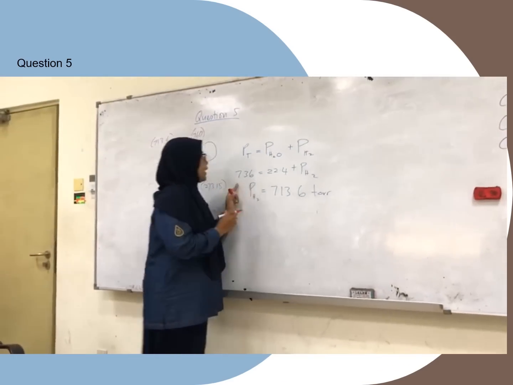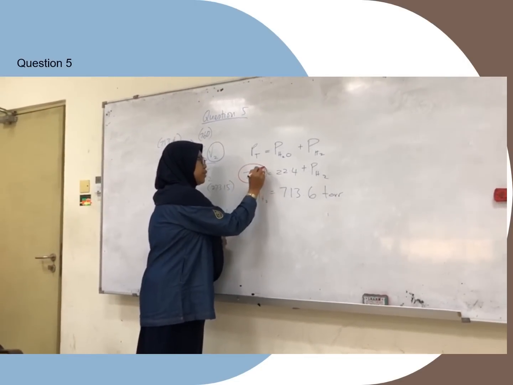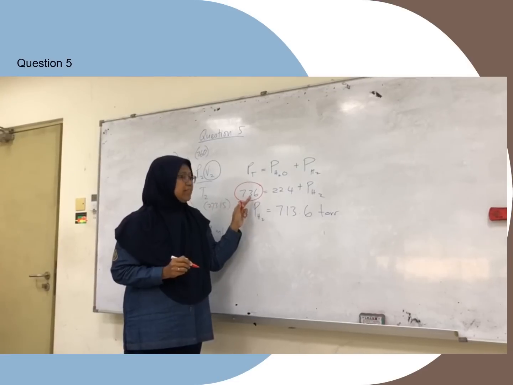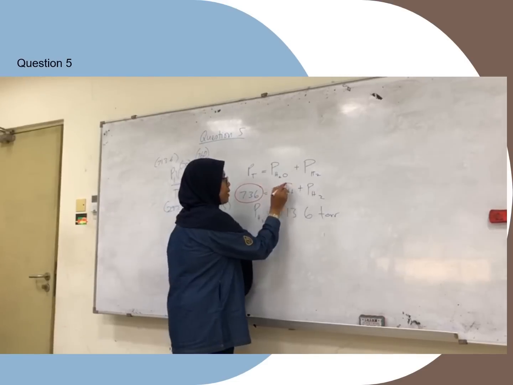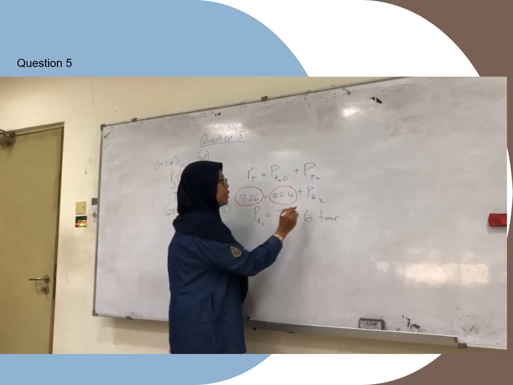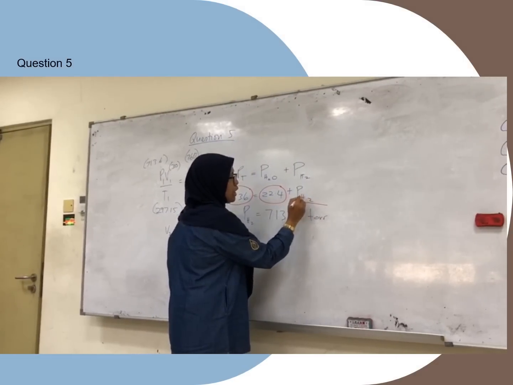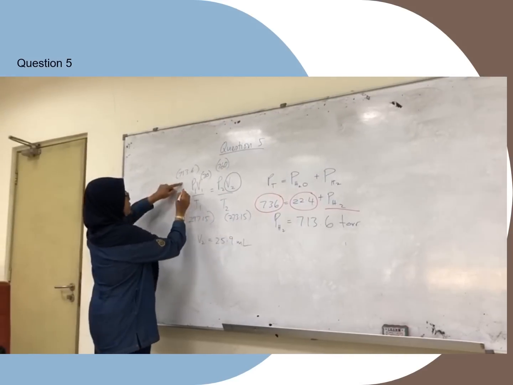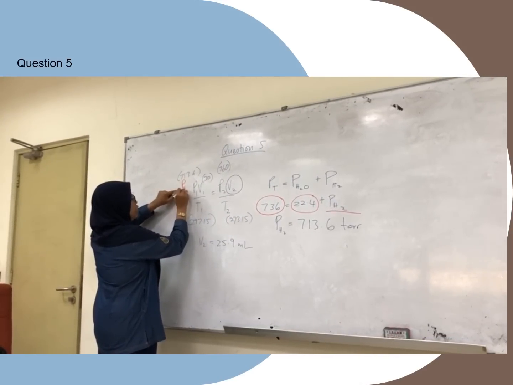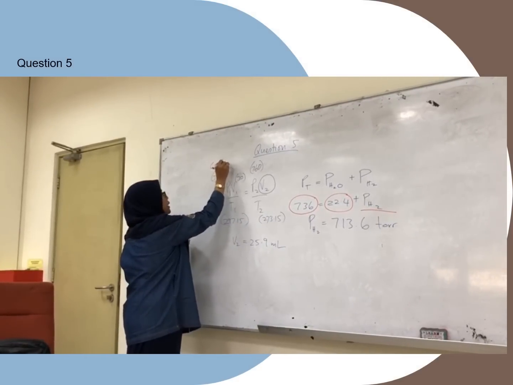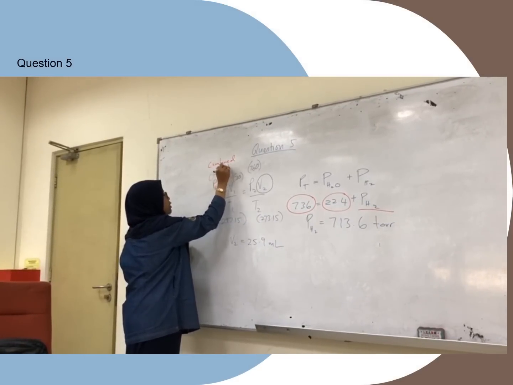We know that the atmospheric pressure is the barometer reading, 736 torr, and then we minus the pressure of water, and now we get the pressure of H2. This is pressure 1, the pressure of H2.